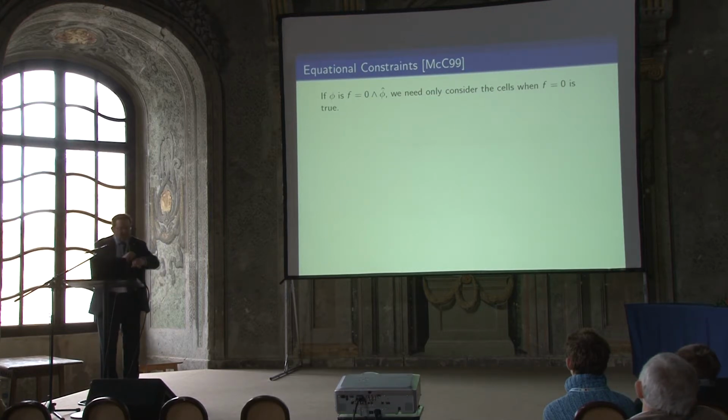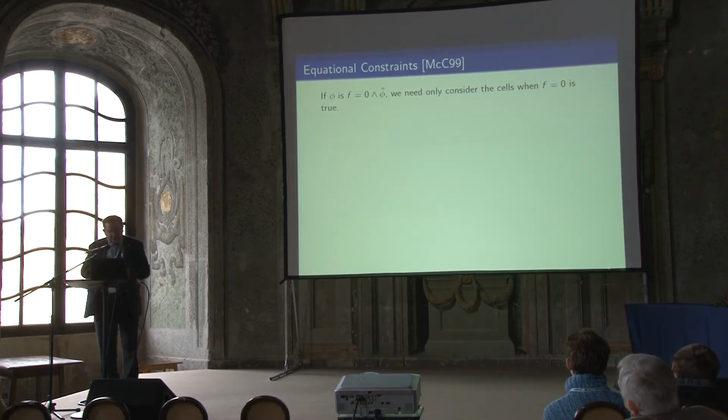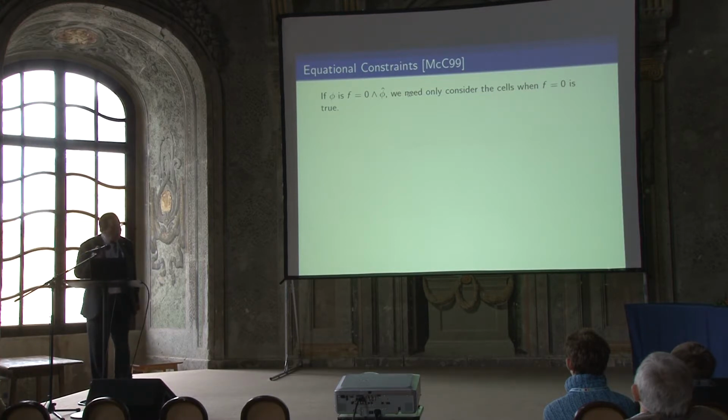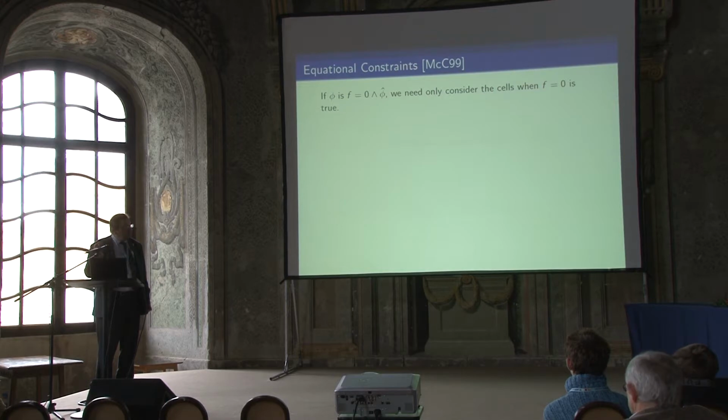Now, we can actually do better than the straightforward Collins method I described earlier. McCallum introduced the idea of equational constraints. If your formula is f equals 0 and phi hat, then you need only consider what happens when f equals 0 is true. All the rest is irrelevant.